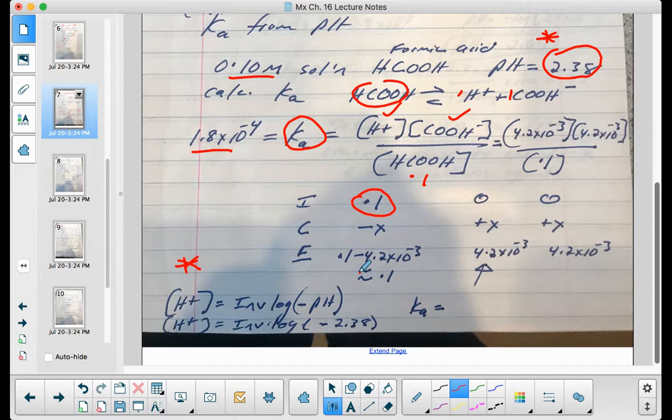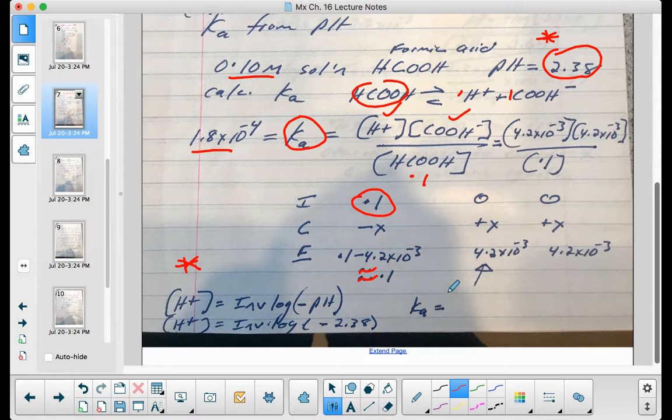So I can say that at equilibrium, I'm going to ignore that amount, and I'm going to call the equilibrium amount of the formic acid the same as it was originally. It just makes your calculations a little bit easier. I'm going to talk about when you would have to consider that minus part as we move forward.